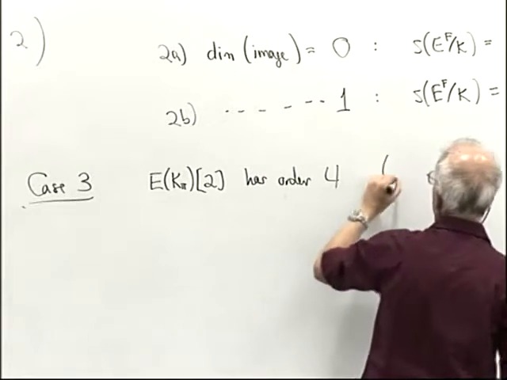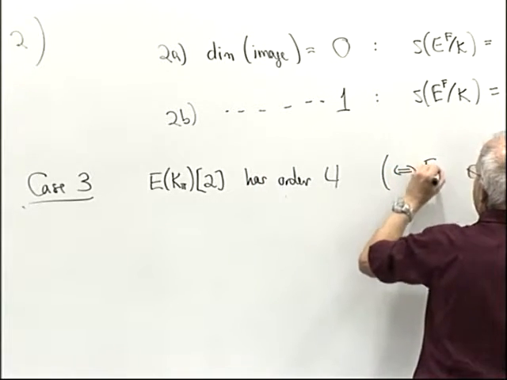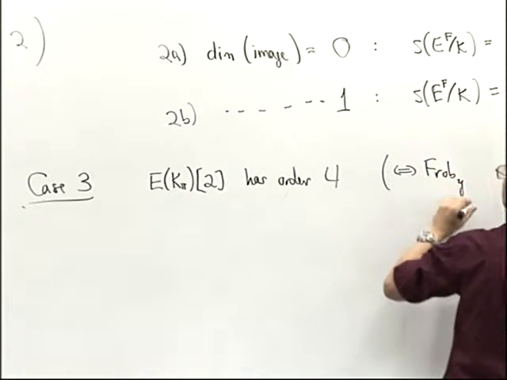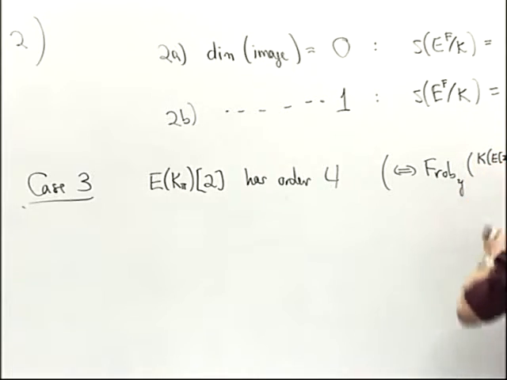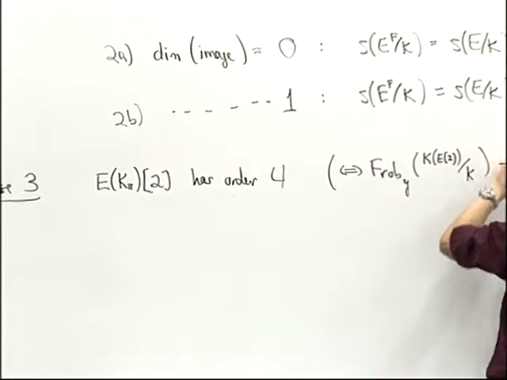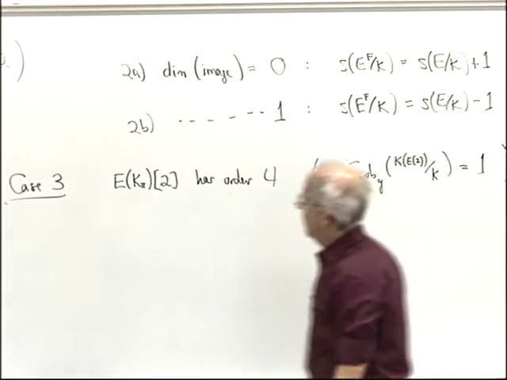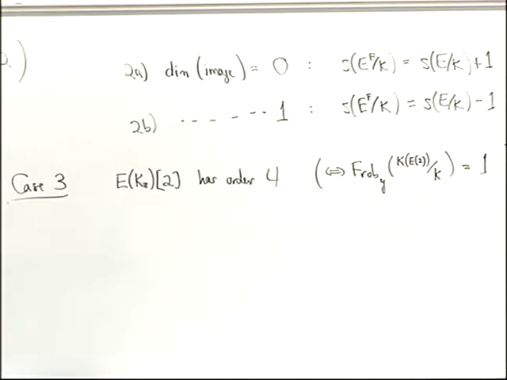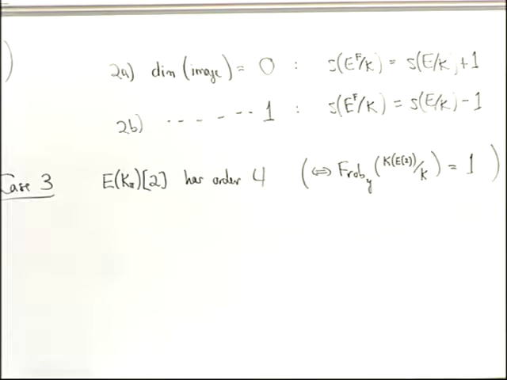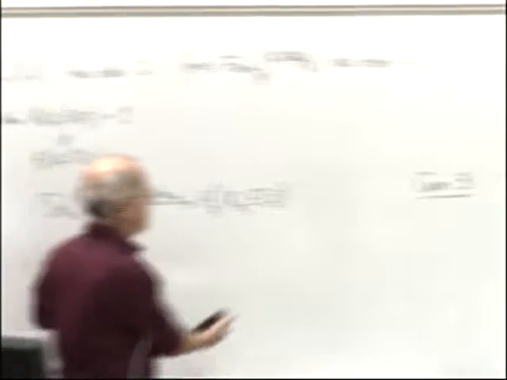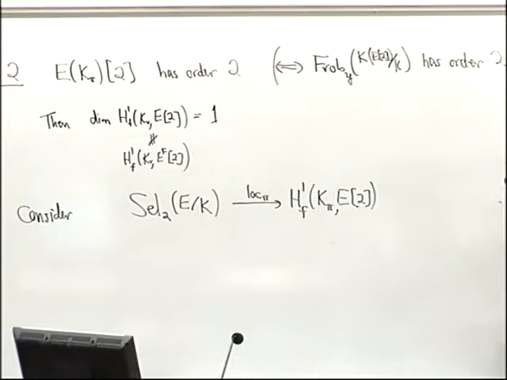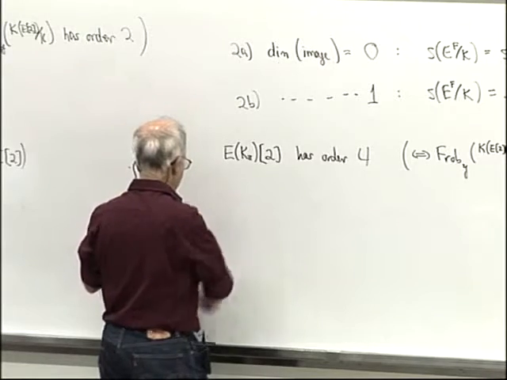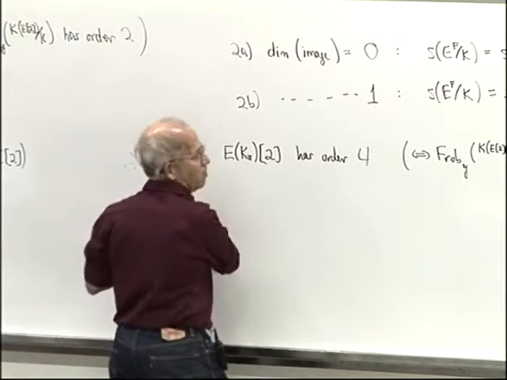And again, that's if and only if, well, like the last case, the Frobenius of p in K adjoin the 2-torsion over K is trivial, which certainly can happen. Now we still look at this localization map, but now there are 3 possibilities, because the dimension of the image can be 0, 1, or 2. So 3. Let me do it over here.